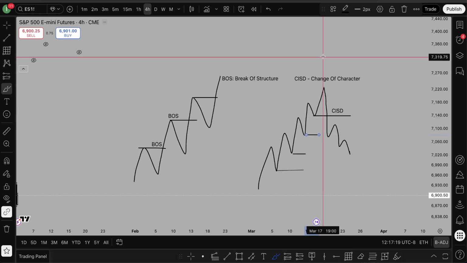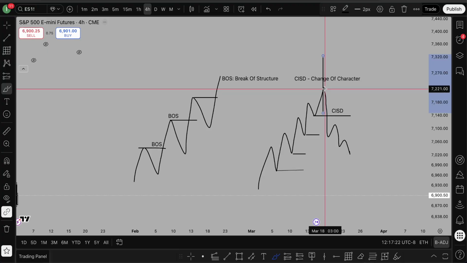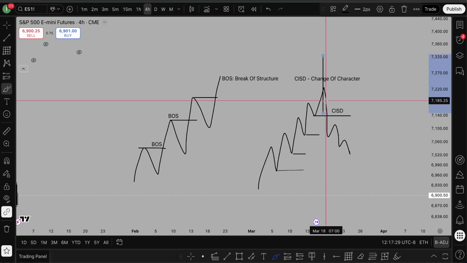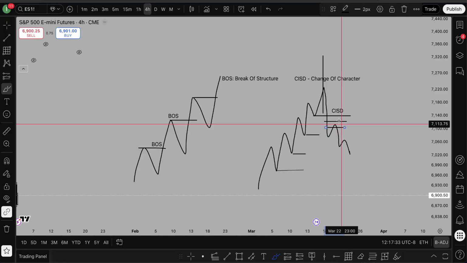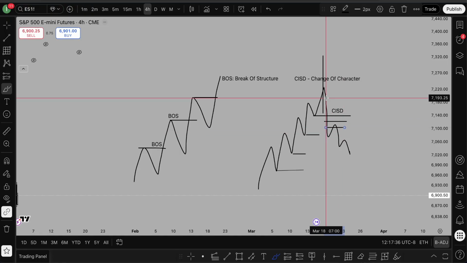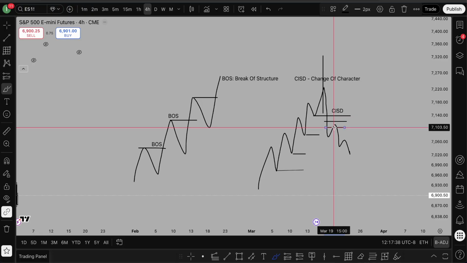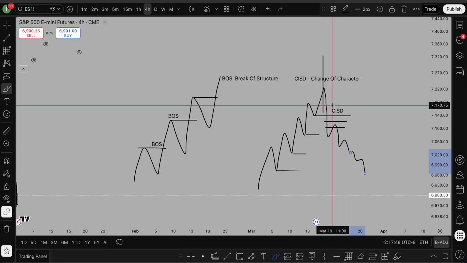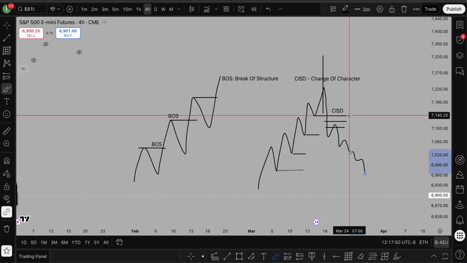But at this point right here, price starts heading down and we finally cross below a low, okay? And then on top of that, we rebalance, and let's say there's a gap here. So we have a bearish gap along this way down, and then we respect it, meaning we don't cross above it. We go into it, we fill that region of price, and then we continue lower, right? So this would be your change in the state of delivery level right here.